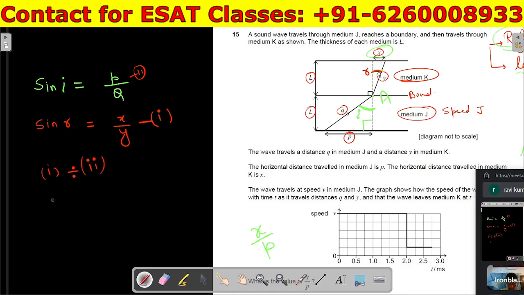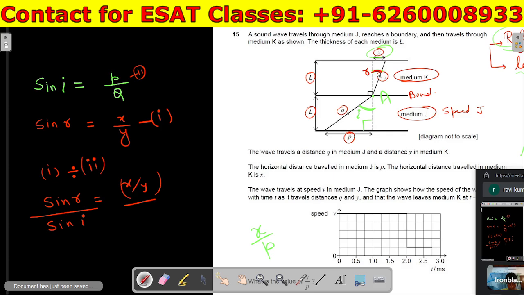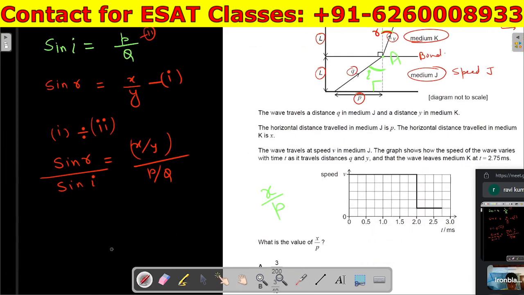So the 1, that is sine r is equal to x upon y, upon sine i is equal to p upon q, right? So from here we are getting sine r upon sine i.